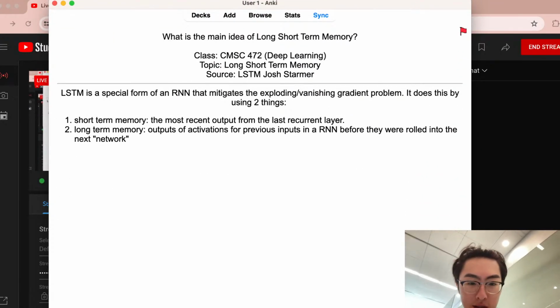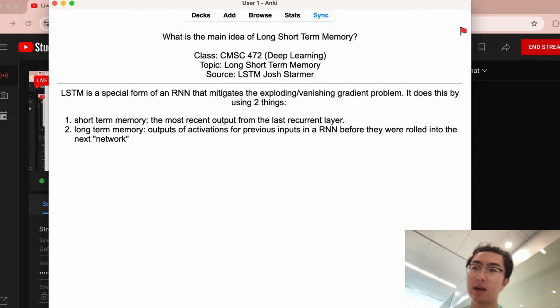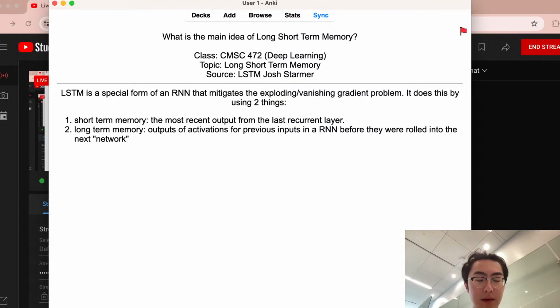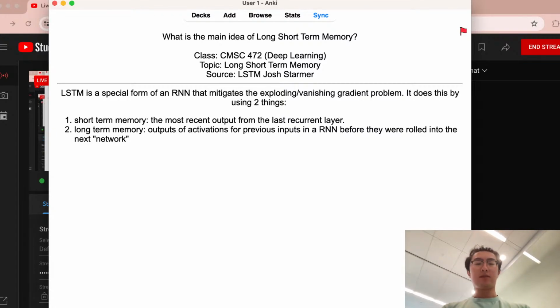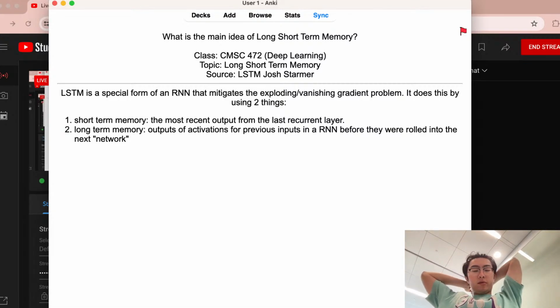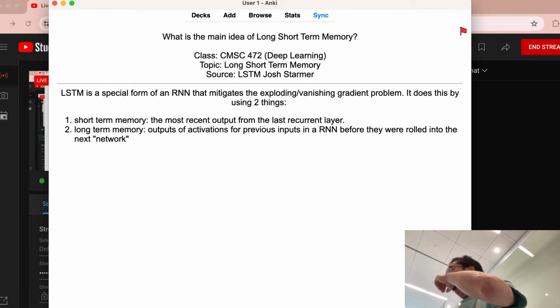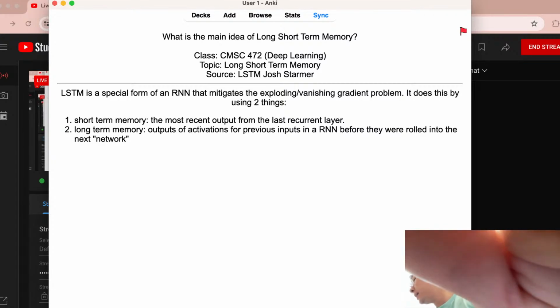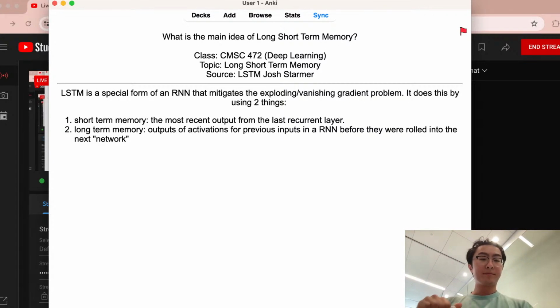Short-term memory is the most recent output from the last recurrent layer. And then the long-term memory is the outputs of activations from previous inputs in a recurrent neural network before they were rolled into the next.